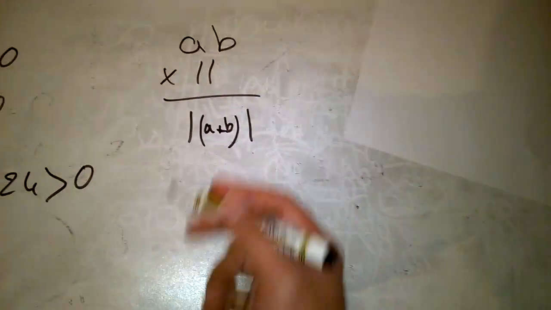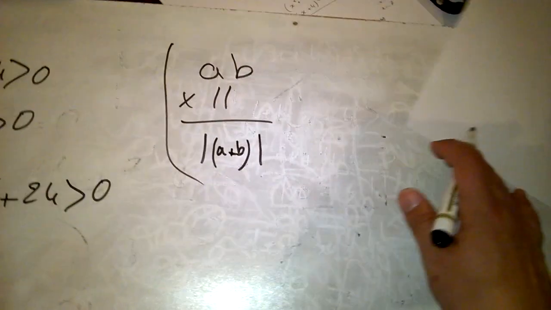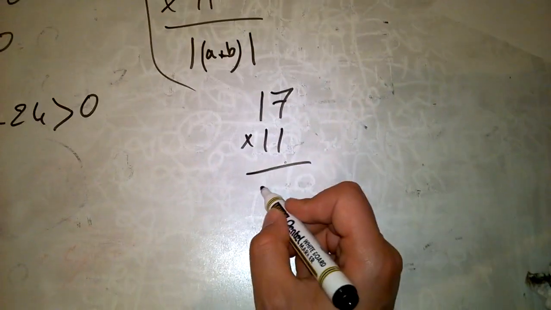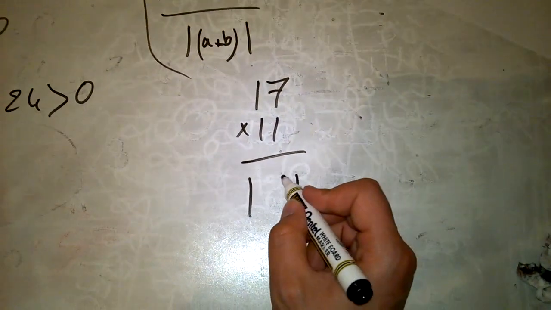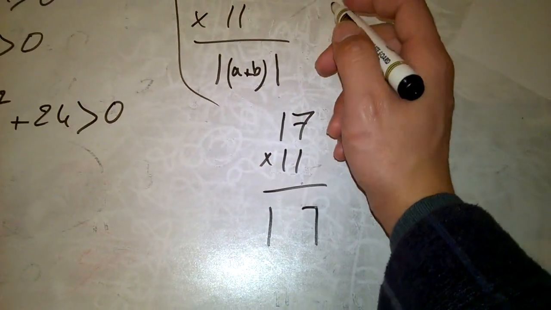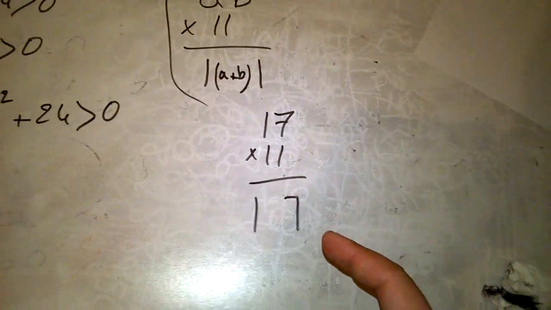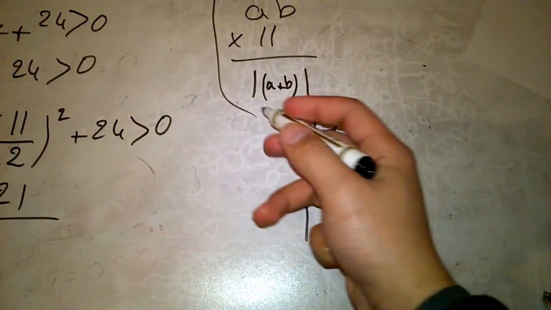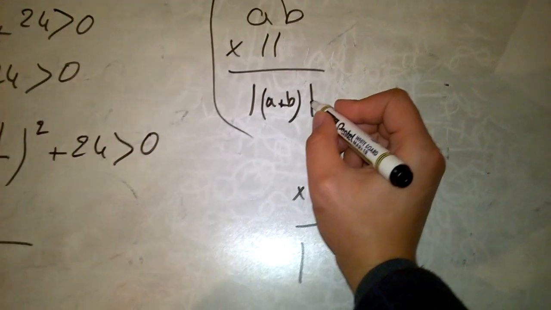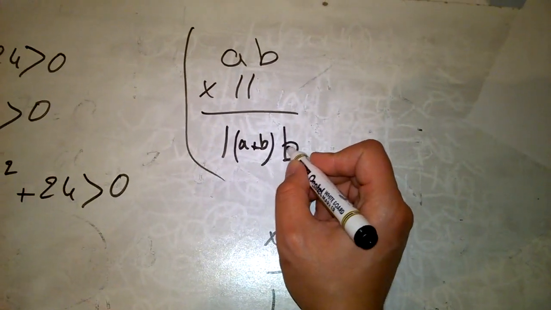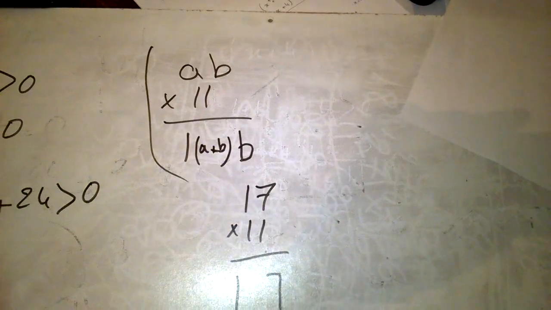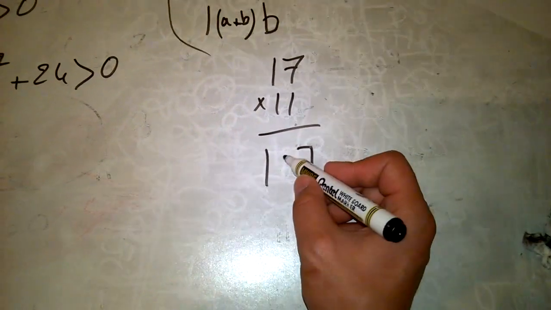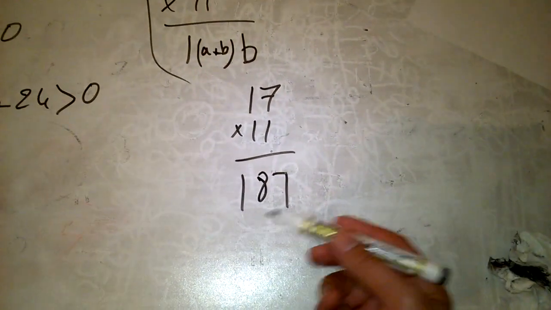For example, 17 times 11, you write 1 here, 7 here, and 7 plus 1 is 8, so 17 times 11 is 187.